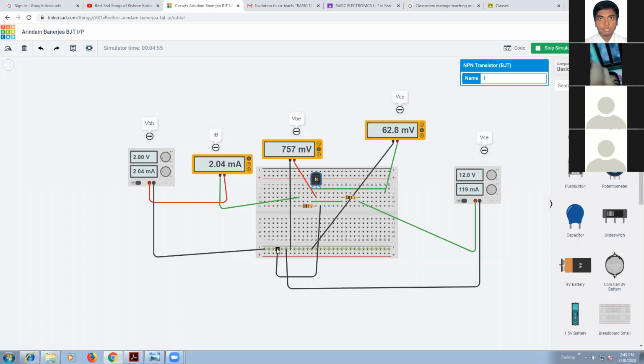This series connection we have to connect with the negative terminal, that is the ground terminal of the power supply. Okay, got it. Then this is the series connection of the power supply.